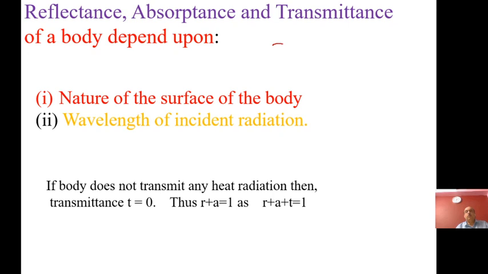If we have any object and the radiation is falling on it, if the radiation is represented by Q and the object is receiving the radiation, some part is reflected, some part of it is absorbed, and some part will be transmitted.